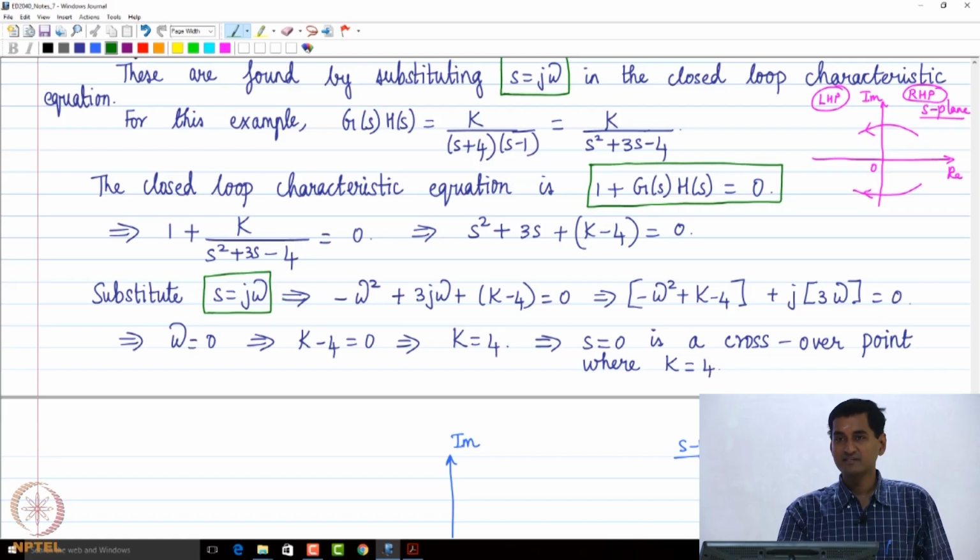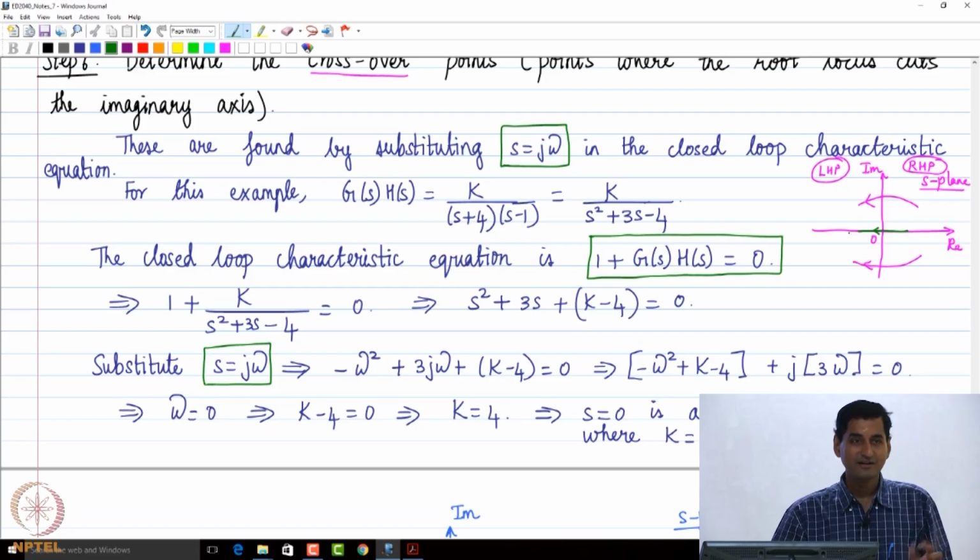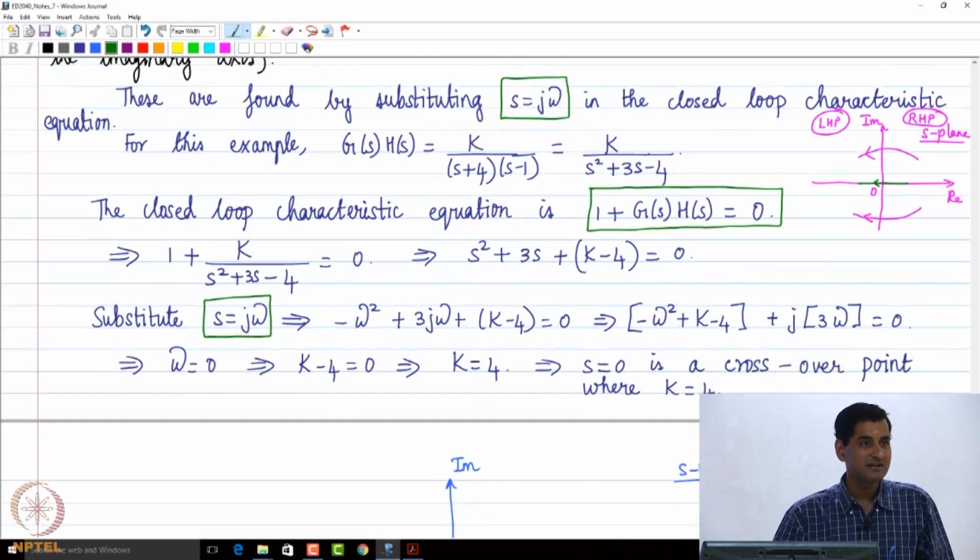We essentially substitute sigma, the real part, to be 0, so the structure is of the form j omega. Omega can be 0 because we can also have the crossover point at the origin. For example, we can have a crossover from the positive real axis to the negative real axis and vice versa. You can have a crossover on the real axis also.